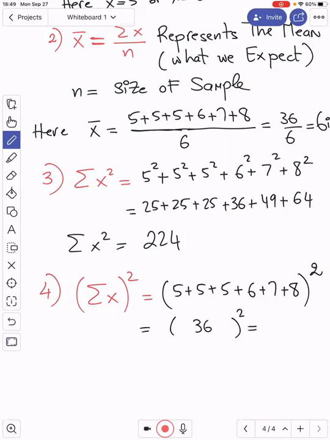So this is 36 squared, which is just 36 times 36. So this would be equal to, let's see here, let me just check my notes.